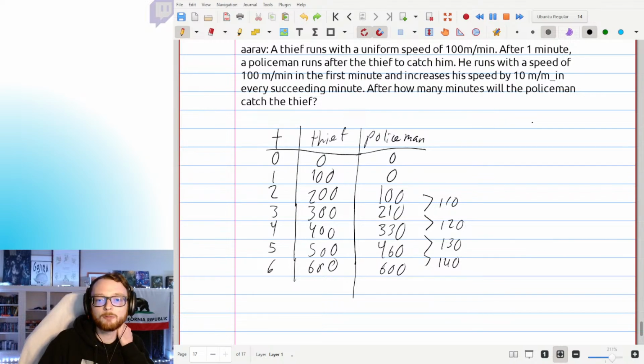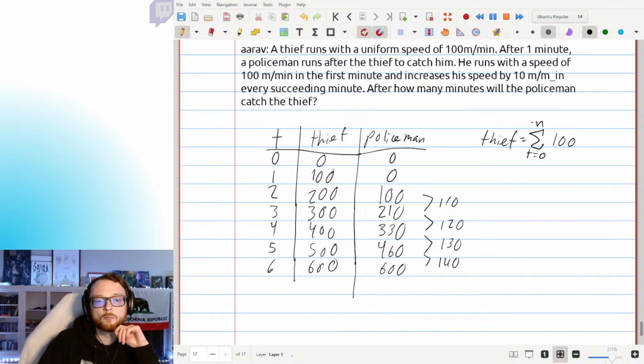Yeah, I guess if we were trying to put it in sums, the thief would be the sum from n equals 0. Well, I guess time equals 0. Just working in discrete time at least. To some number n of 100.